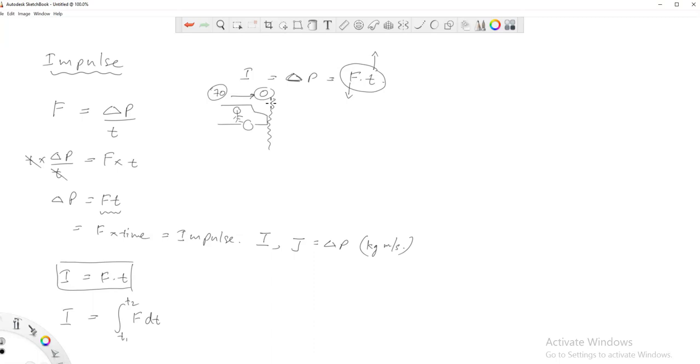Imagine without airbags, you hit against the steering wheel and come to a stop immediately. But with the airbag, it slows you down and gives you more time. By increasing the time, you decrease the force. So impulse remains the same, but by allowing more time, you can reduce the force. That's one way of explaining the force-time relationship associated with momentum.